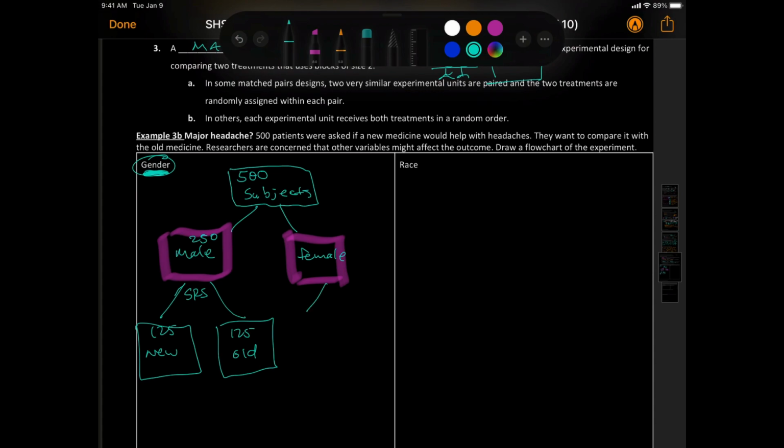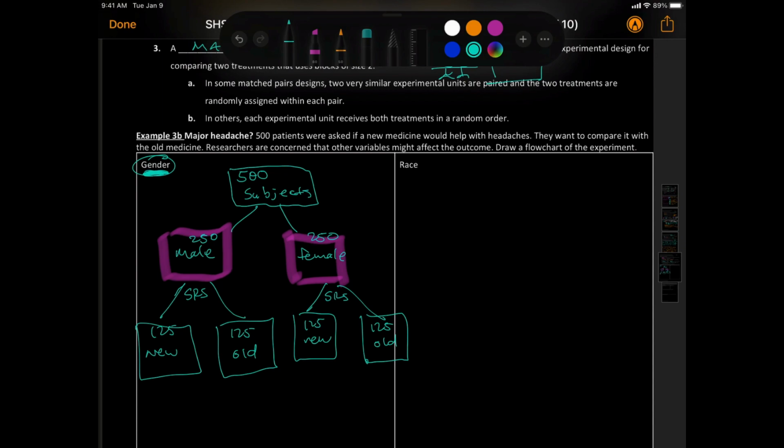Same thing for the females. So 250 plus 250 gives you the 500 subjects, and for the 250 females, we do a random sample, and 125 get the new medicine, and 125 get the old medicine, and we get to figure out, did it work?